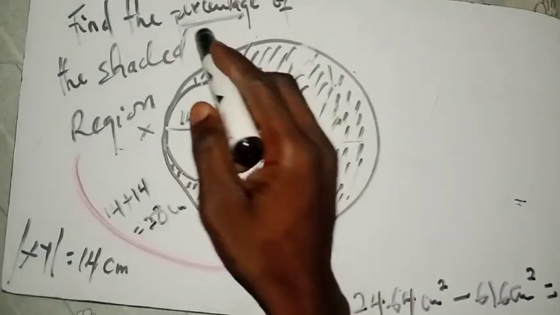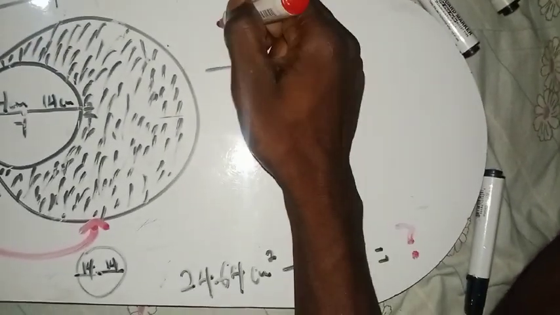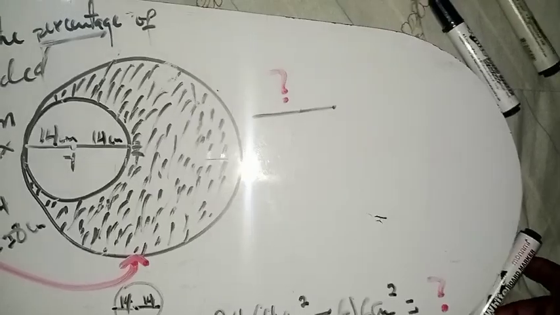So now let's answer the final part of this question that says I should find the percentage. In finding the percentage here, that's the value of whatever you are having here. So let me once again bring my question mark here. So that should be your value. Provide the answer to the question mark in the comment section below, and then let's proceed.